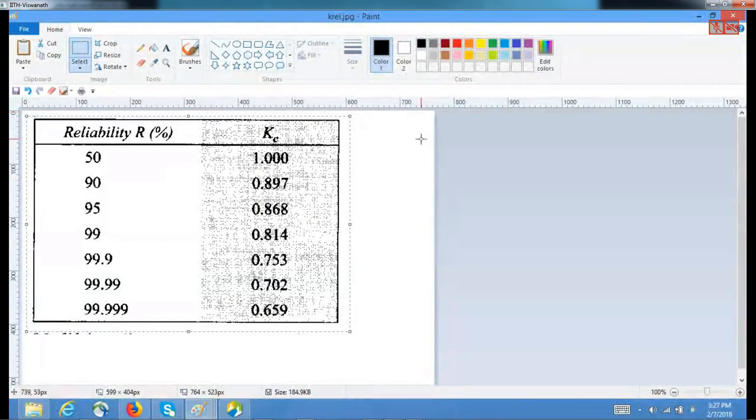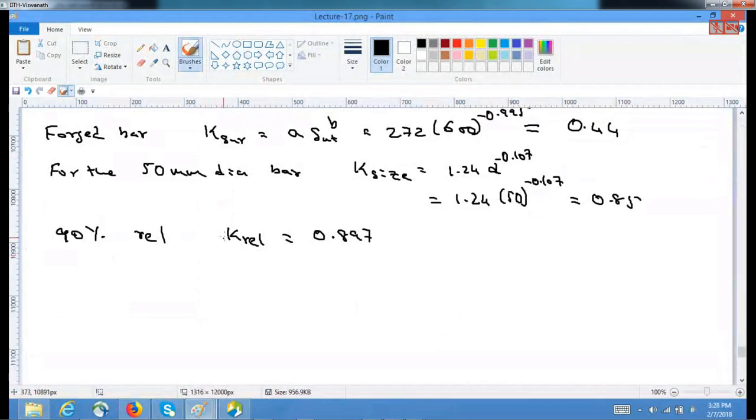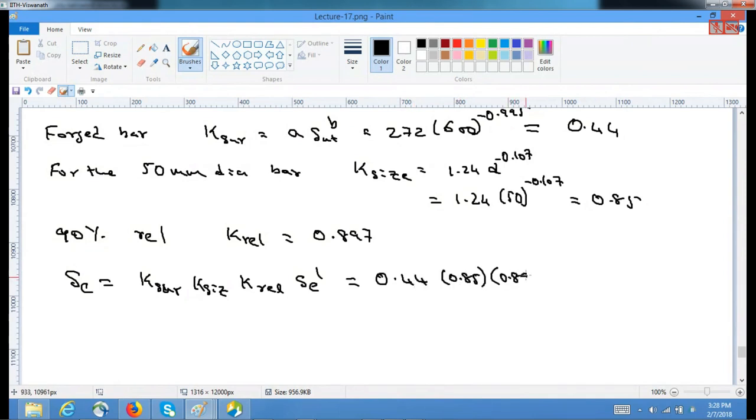And now our SE is equals to K surface, K size, K reliability times SE dash, which would be 0.44 times 0.85 times 0.897 times 300, which comes out to be around 100.64 Newton per mm square, our endurance limit.